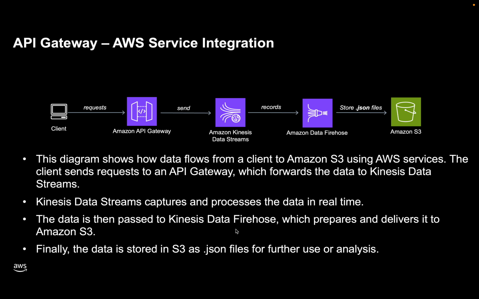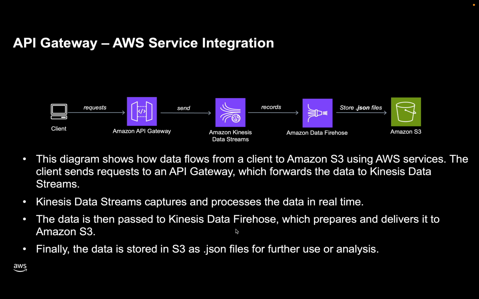Now let's go to API Gateway AWS service integration. In this, the client is sending the request to API Gateway, and API Gateway is sending the events, I mean the requests, to a Kinesis data stream, and those records will be sent to Amazon Data Firehose.